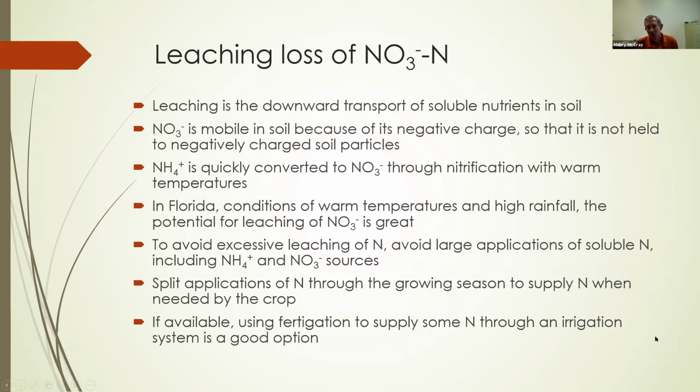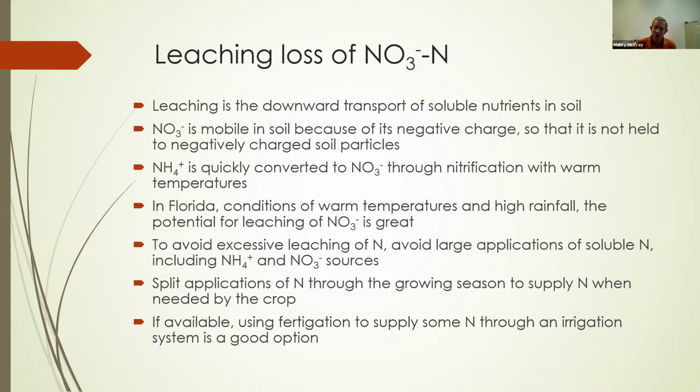Leaching loss of nitrogen is another potential loss from the soil. Leaching is the downward transport of soluble nutrients in the soil. Nitrate is mobile in the soil because of its negative charge, so it's not held to negatively charged soil particles. Ammonium is quickly converted to nitrate through nitrification with warm temperatures. So in Florida, with our warm temperatures and high rainfall, the potential for leaching of nitrate is great in our area.